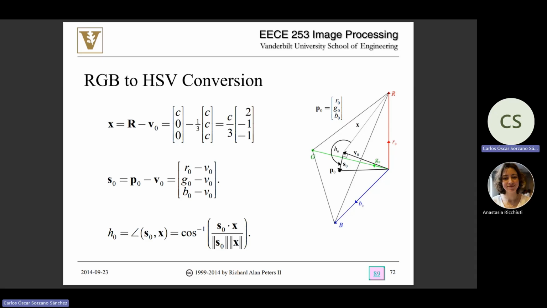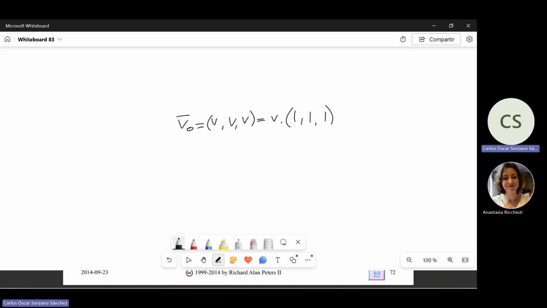Here, this is a kind of simplified formula: the arc cosine of the inner product divided by the modules of the two. You recognize this formula, right? You know how this came to be? This is standard algebra.